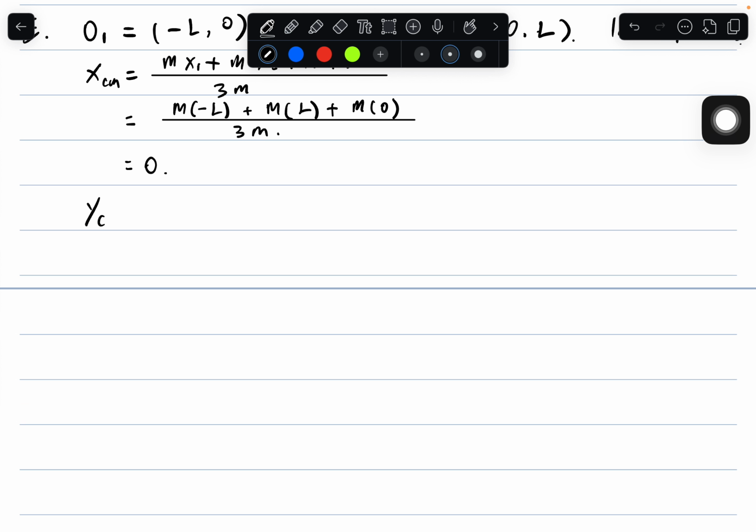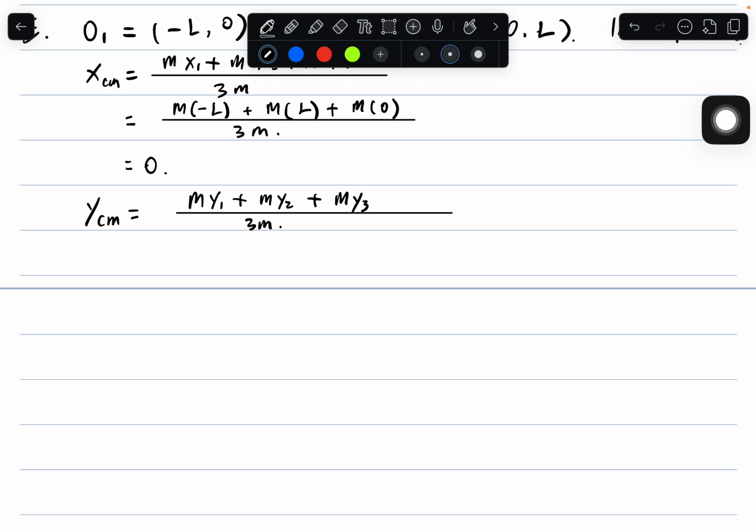So let's see the y-coordinate. It equals y1 plus y2 plus y3 divided by 3m.